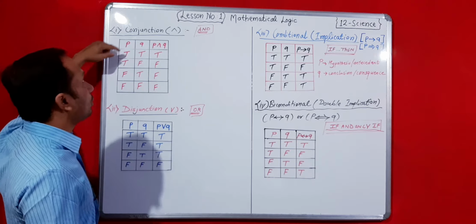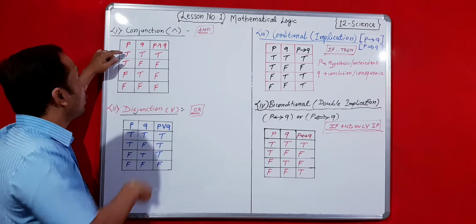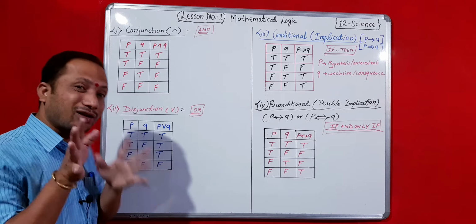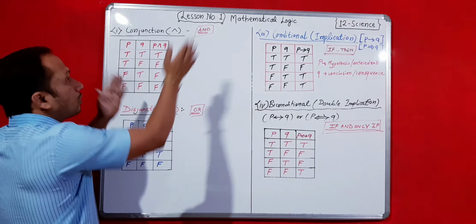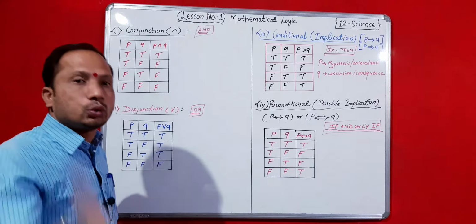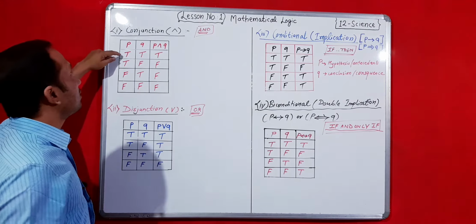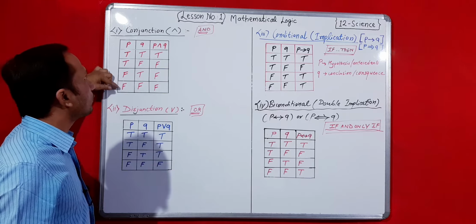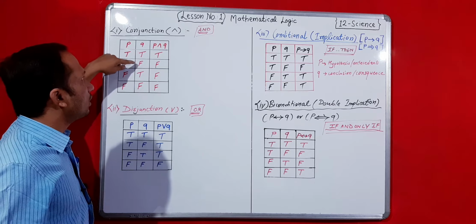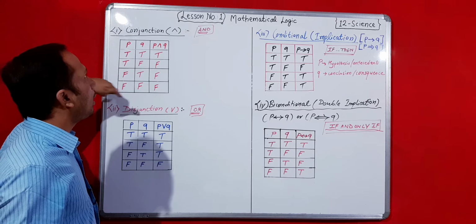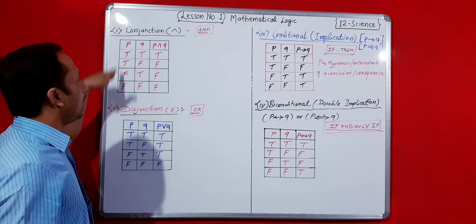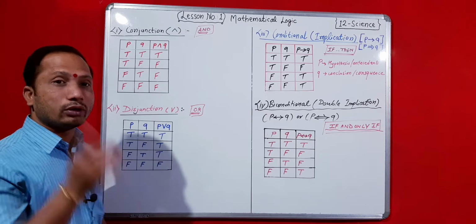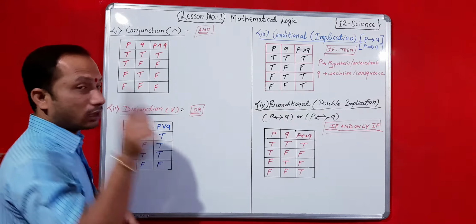For P and Q, you have to take true and false compulsorily. These two columns are common for all the truth tables. One is true, one is false, true, false. You just write the same values for all four types of tables.